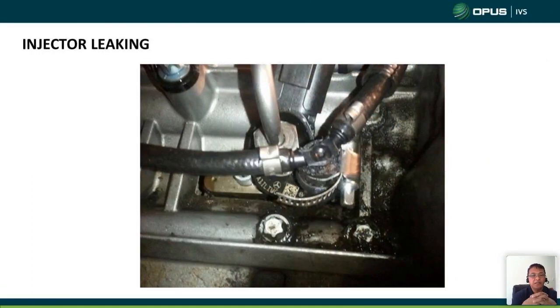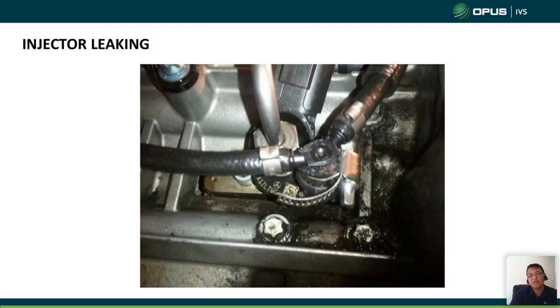Here is a photo of another issue with the injector for this 642 engine. As you can see, there's already a black marking around the injector area, especially on this overflow or injector backflow lines. So it could be a sign that the injector is leaking.